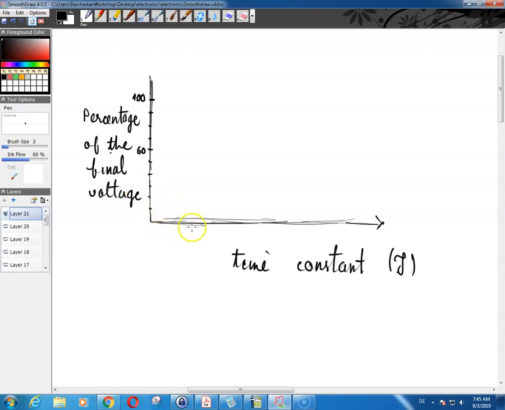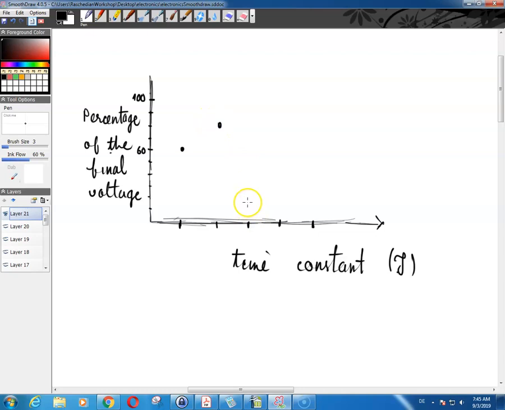So if I call this, for example, 1, 2, 3, 4 and 5 time constants, at one time constant you're at 63%, so somewhere around here. At two time constants you're around 85%, so that's somewhere over here.